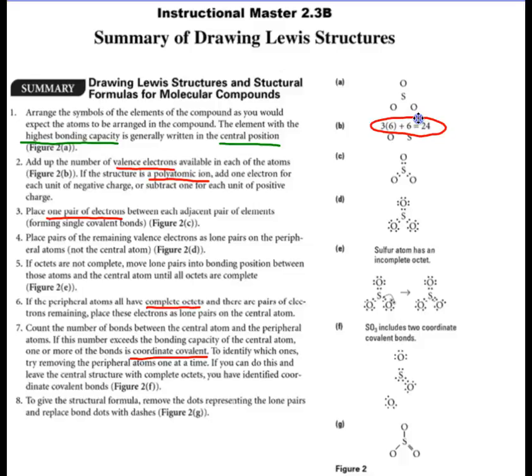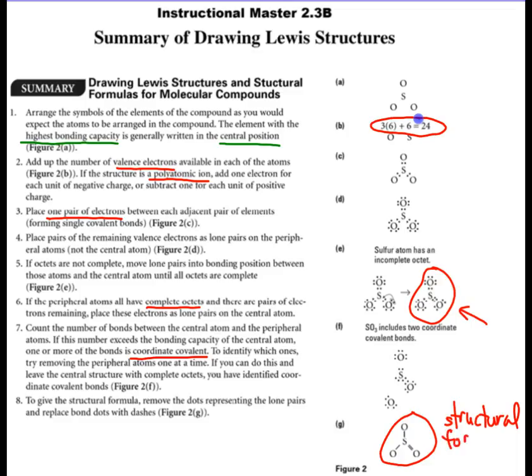And if we want to look at the finishing product here, which is almost there, we would just count the number of shared pairs of electrons. The difference between those two is that this would be more closely resembling the Lewis structure, and this would be the structural formula, where we have no peripheral electrons.